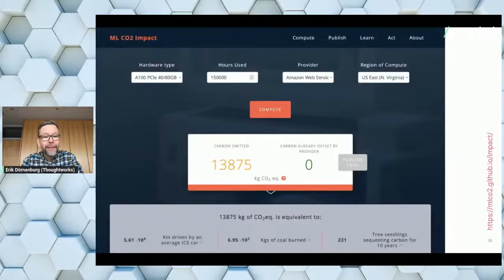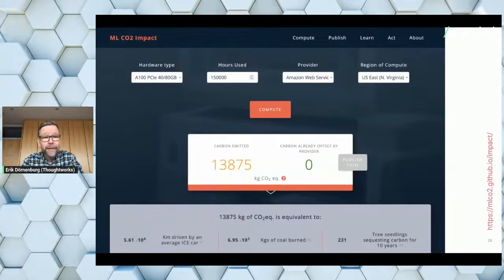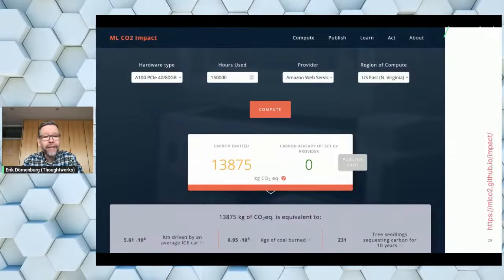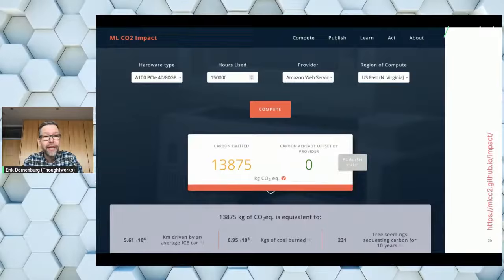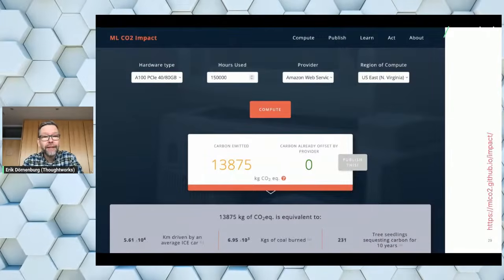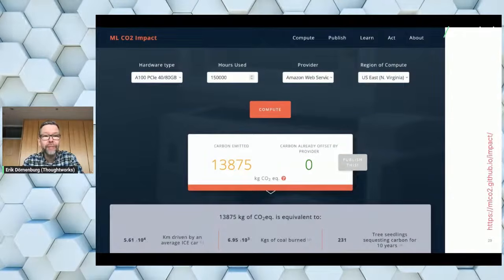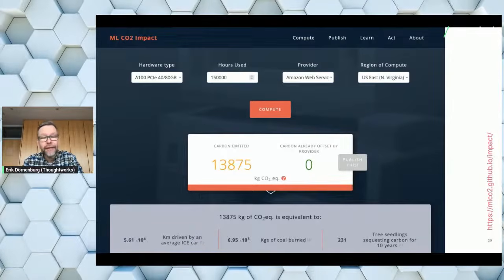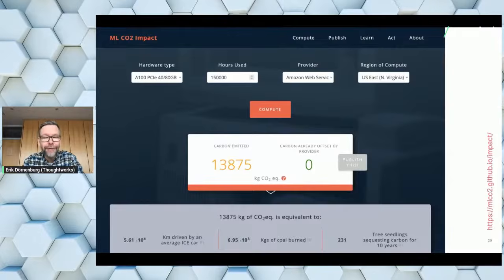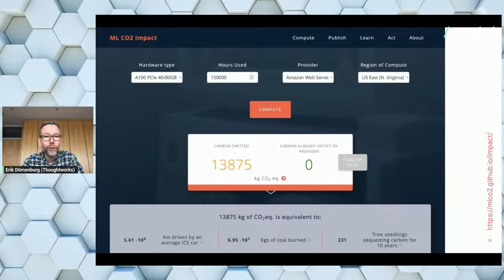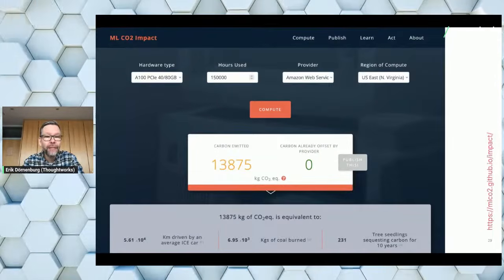Just to give you a different idea, this is a completely different tool that only looks at graphics cards. They have written a scientific peer-reviewed paper on this as well. And I've taken the same data that the Stable Diffusion team made available and plugged it into this calculator. You can see I'm choosing the same NVIDIA GPU. I'm putting in 150,000 hours of GPU time in this region at AWS.